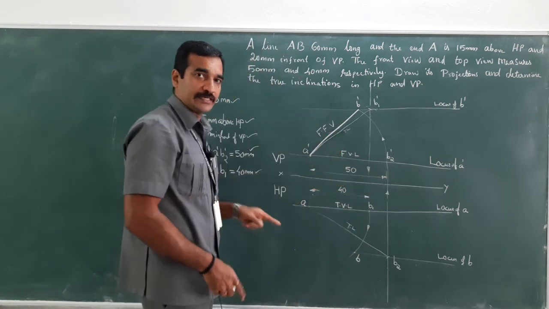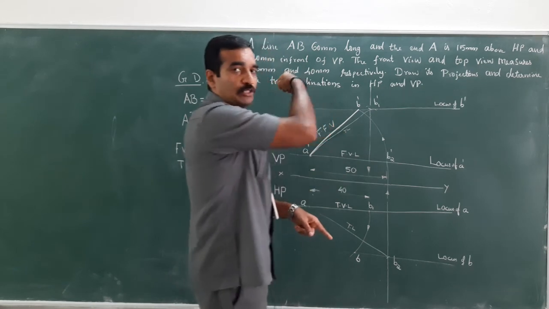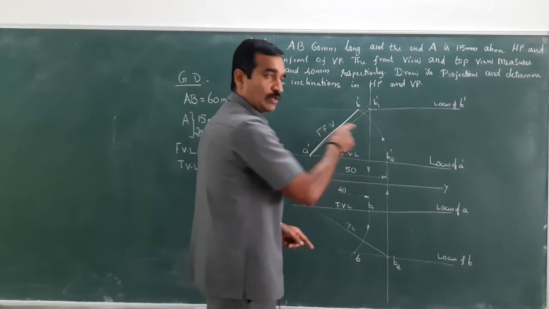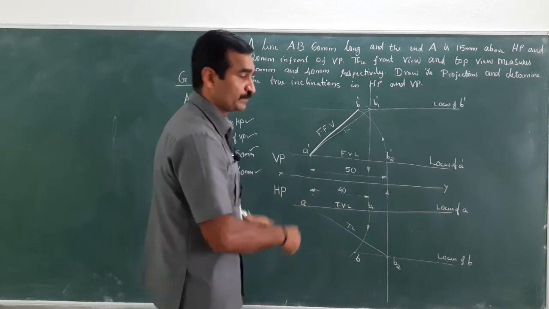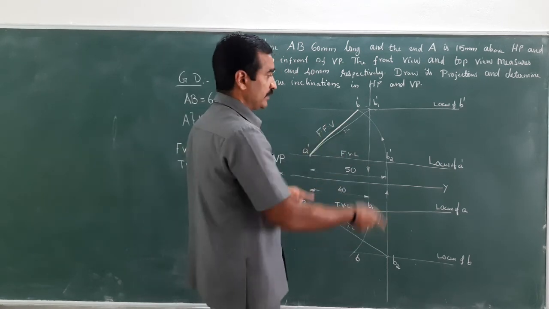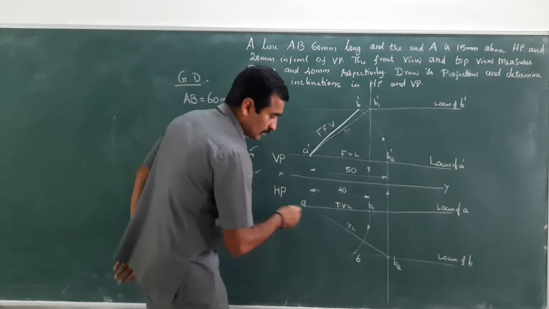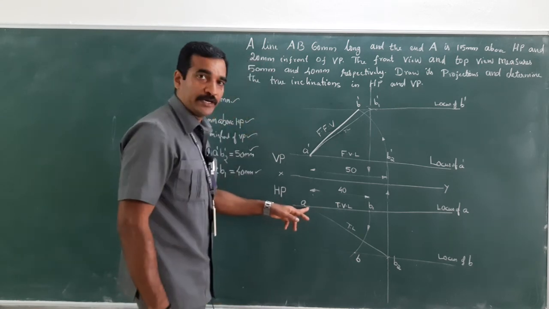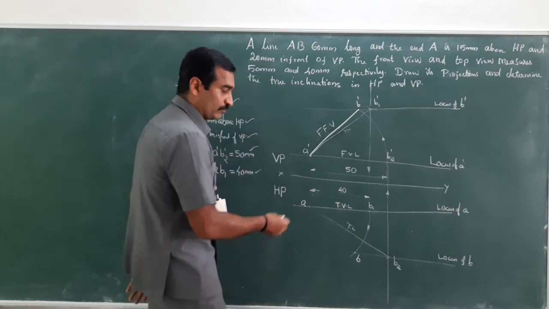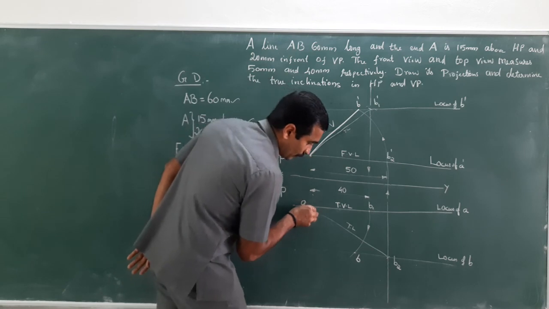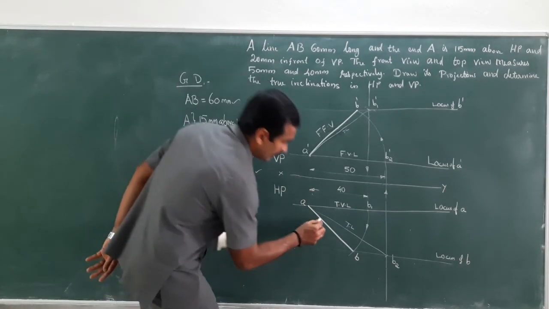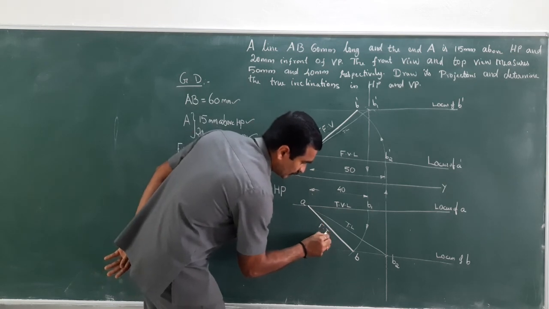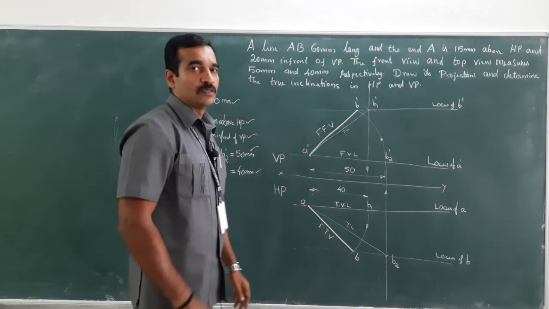So don't get confused about which direction you are rotating; you will have to specify an arrow that denotes the flow of rotation, that is, the rotation direction. Now connect the points A and B to get the final top view. So this is my final top view.